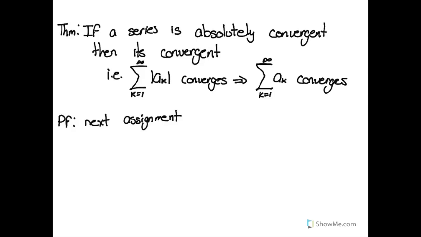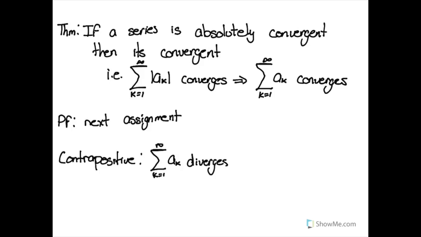Another noteworthy thing about this theorem is the contrapositive. The contrapositive of this theorem is that if the series ak, k equals 1 to infinity, diverges, then the absolute value series also diverges.